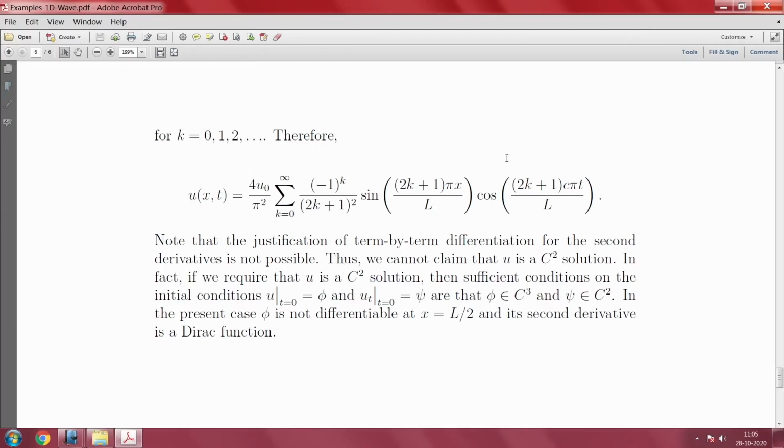So, with this I conclude this chapter on one dimensional wave equations. So, in this few lectures we have covered some aspects of 1D wave equation.